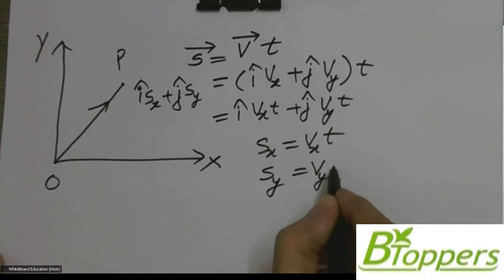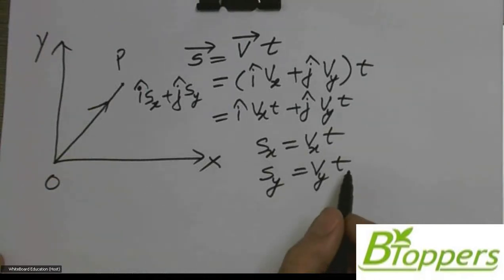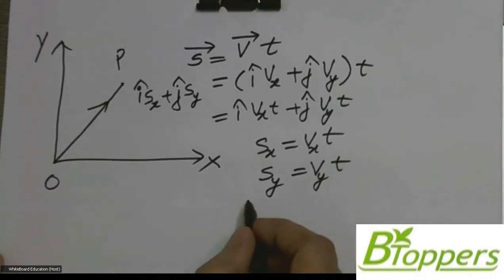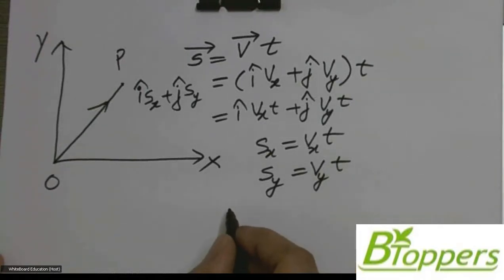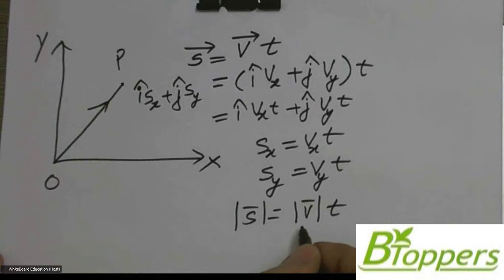Equating the y components, you get Sy equals Vy into t. That means the displacement of the particle parallel to the y direction, or y component displacement, is equal to the y component of velocity times the time interval. So the magnitude of the actual displacement of the particle can be written as the magnitude of actual velocity times the time interval.